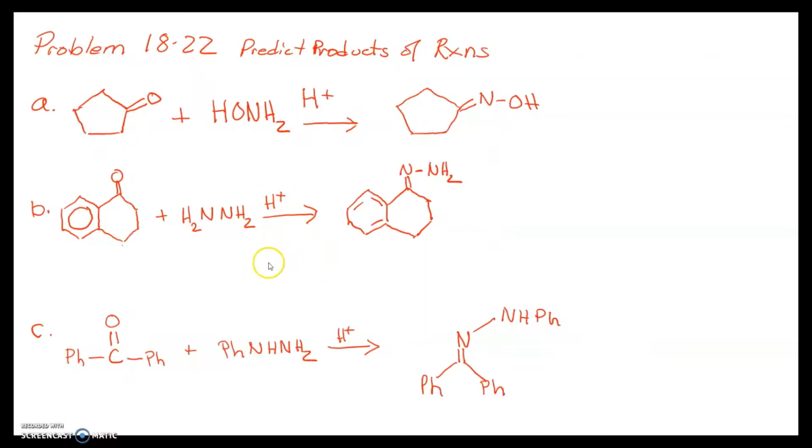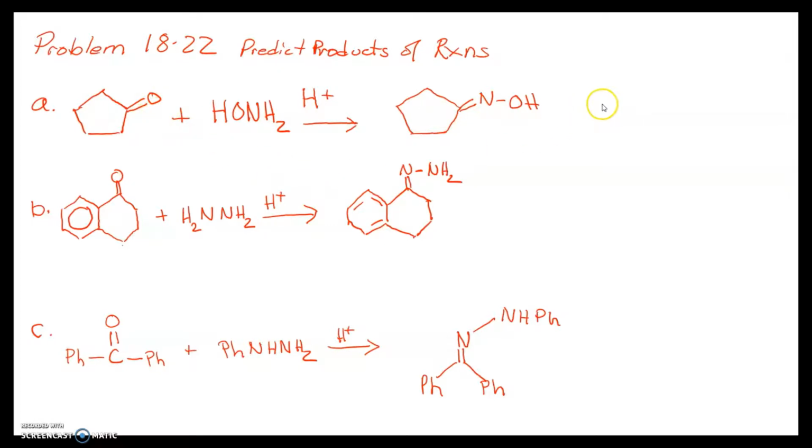Here are some more examples of the reactions of aldehydes and ketones with different types of compounds that have nitrogen with two hydrogens. Like in this compound, we have two nitrogens, and on each we have two hydrogens. Regardless of what kind of compounds are used, if you have at least one nitrogen with two hydrogens, then you get a double bond formed between the carbon and nitrogen, and you lose two hydrogens from the nitrogen and the oxygen from your aldehyde or ketone.